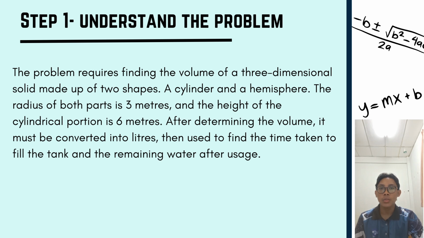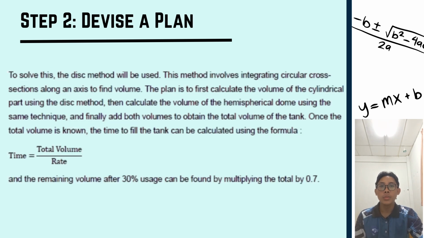I needed to find 3 things, that is, the total volume of the tank in liters, the time needed to fill the tank when water flows in at 200 liters per minute, and finally the remaining water after 30% use in one day.